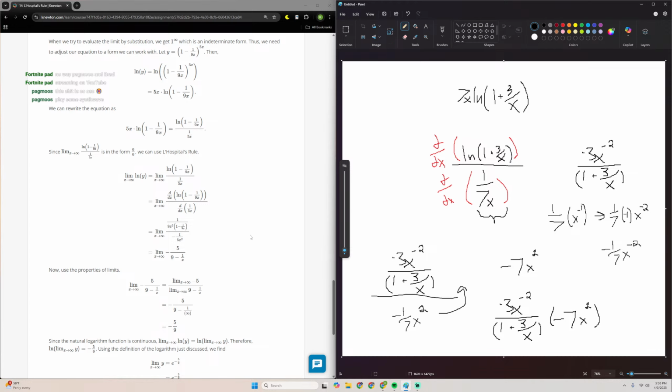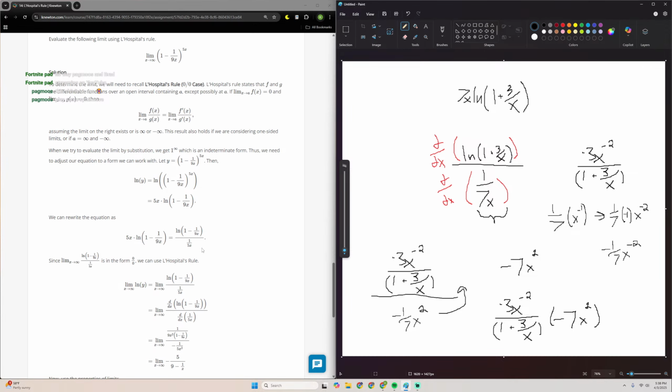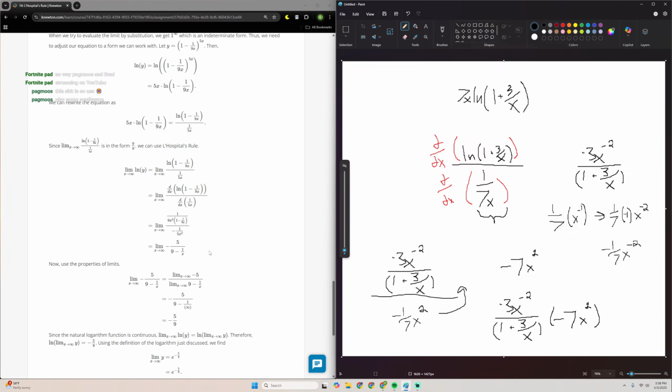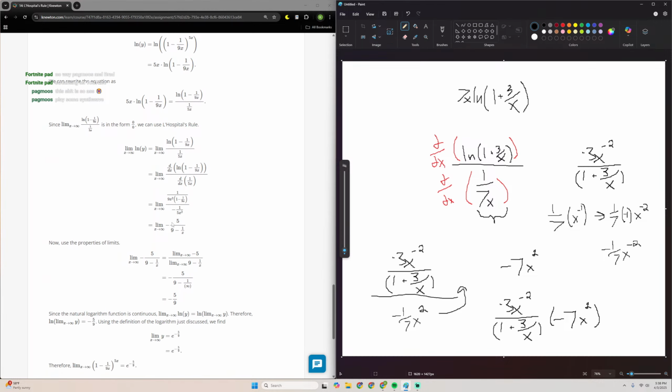Alright, let's see what we can cancel. 5 took the top. Wait a minute, we already have this right here. Negative 7 times. Why is this negative 2 though? That's strange, because if it's going to be x to the negative 2 times x squared, this just cancels out.